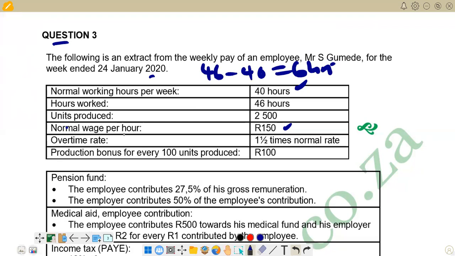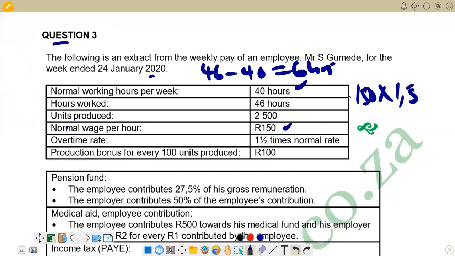And then I will check the rate of overtime. We come here, we're given that overtime rate is 1.5 times normal rate. So our normal rate, we know that is 150. If you multiply by 1.5, then you get your overtime rate. So basically for our overtime rate, we are saying 150 times 1.5, where 1.5 is as a decimal.